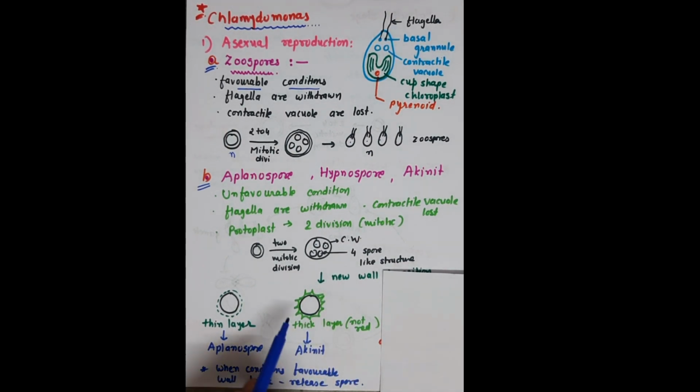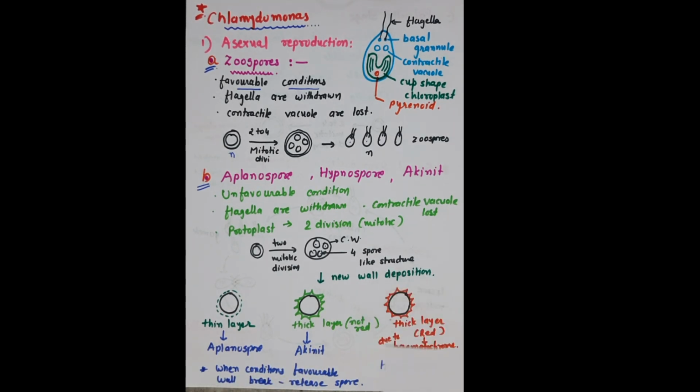Second, if a thick layer wall is formed but it is not red in color, wall is thick but not red, then it is echinite. And third, the wall is formed, but that wall is thick and red in color. That red is due to the presence of hematochrome. So that is known as a hypnospore.